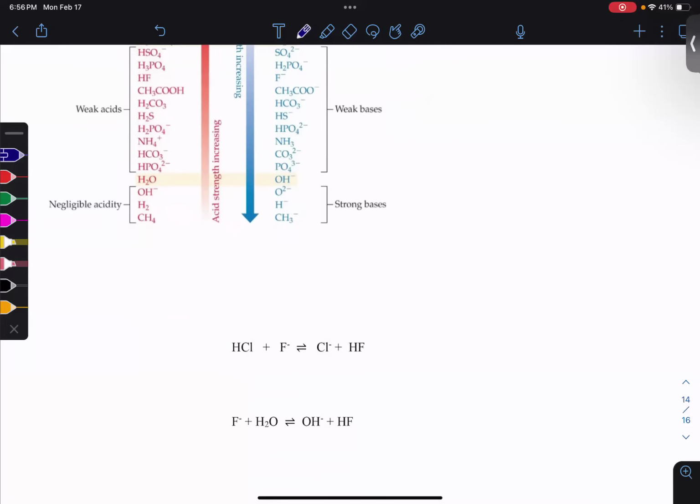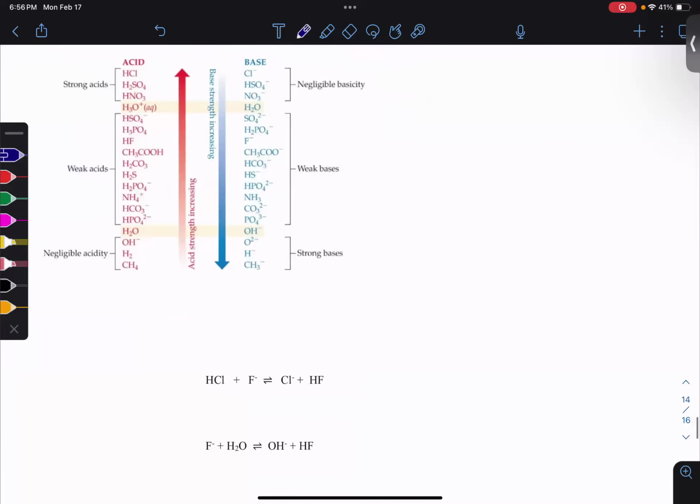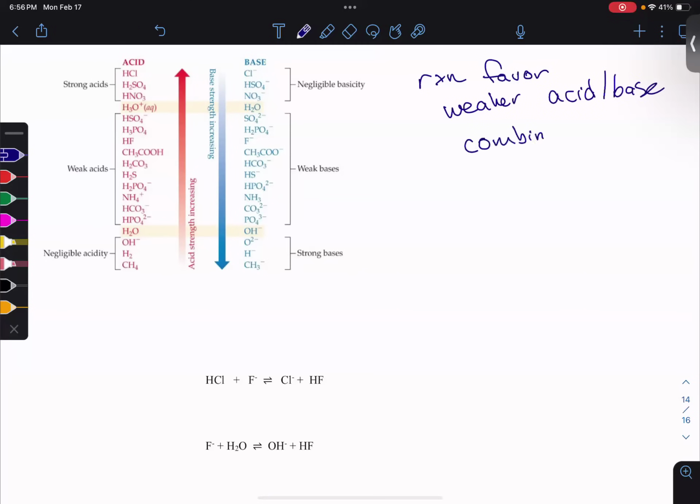With questions like this, we want to look at where's my acid and where's my base, and how are they reacting. How we use this chart is to recognize that in an acid-base neutralization reaction, your reaction will always favor the weaker acid-base combination.